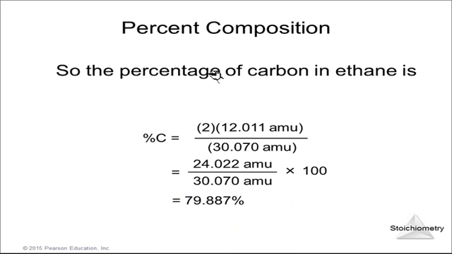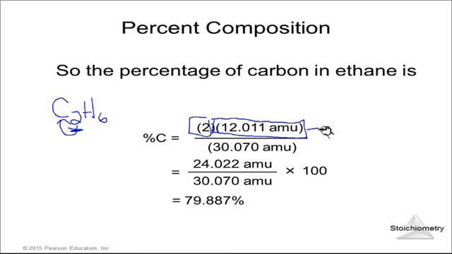All right, so let's look at ethane. Ethane is a hydrocarbon. It's got 2 carbons and 6 hydrogens. If we wanted to find out what percentage of ethane is carbon, I would take this subscript, which tells me I have 2 carbons, and do 2 times the formula weight of carbon, which I get from my periodic table.